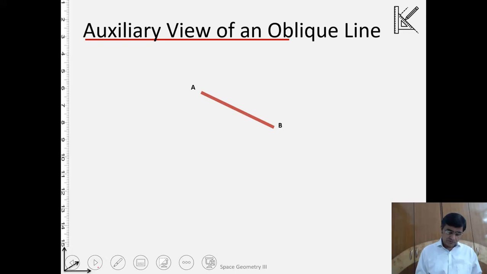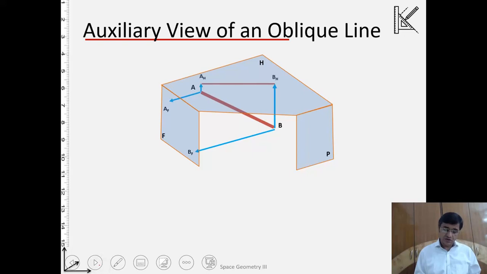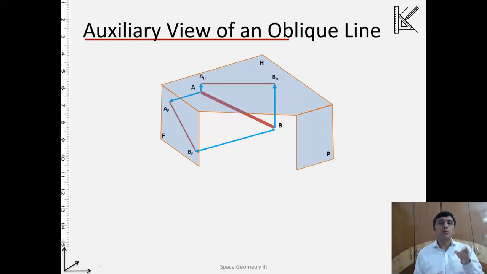Now, the important concept that we discussed in this, I will quickly go through it. We have a line, we have the frontal plane, the horizontal plane, and the profile plane. This line is projected on the frontal, and also on the horizontal. So these are the projections. None of those projections are the true projection, or rather the normal projections.